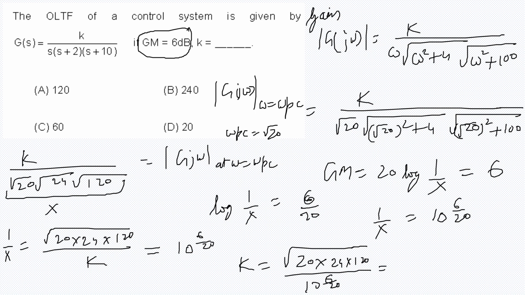You can see we have just reduced it to a simple expression, so this comes out to be 240 by 10 power 6 by 20, which is nearly 2. So this gives me k equals 120. So option A is the correct answer for this question. This is how you need to solve these kinds of questions. Thanks for watching.